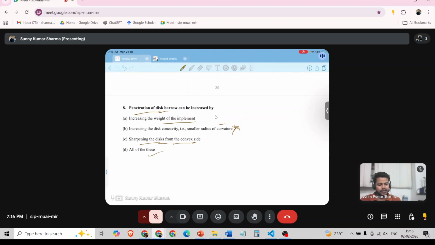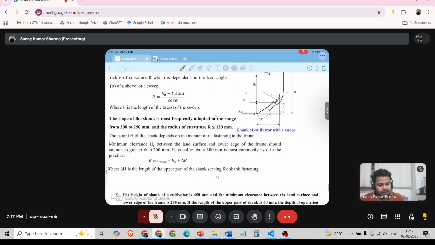And sharpening the disc from convex side will also worsen the penetration. If we sharpen it from concave side, then it can increase the penetration. But if we increase the weight of implement, it will have better penetration.